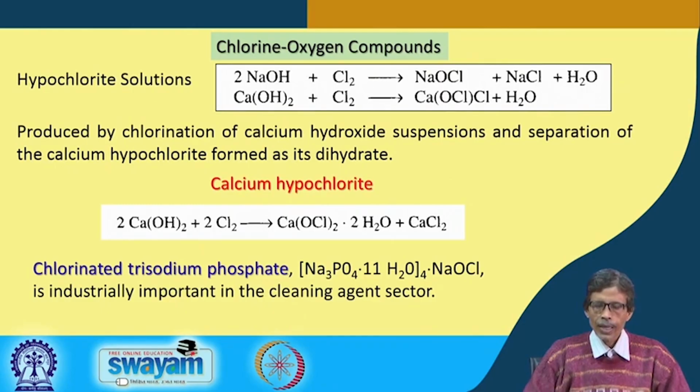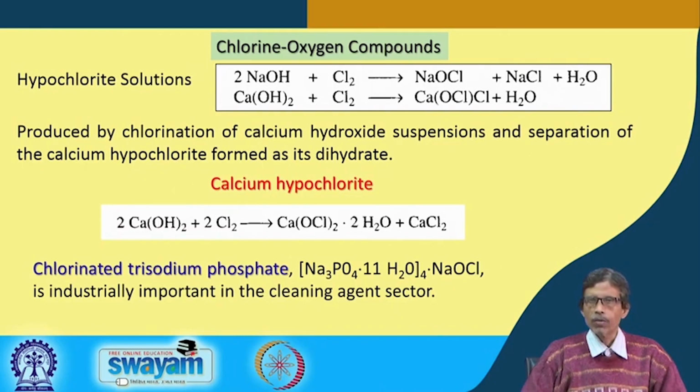So, how is this NaOCl being trapped? You have a huge amount of water of crystallization for this sodium phosphate, which is another variety of sodium phosphate where 11 molecules of water of crystallization are present, stabilizing this in a particular crystalline form.